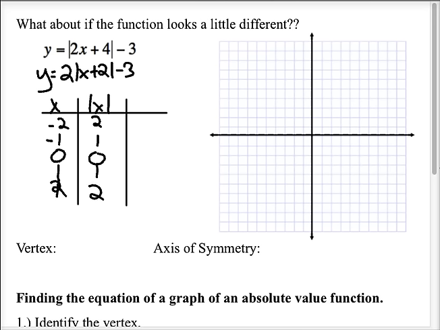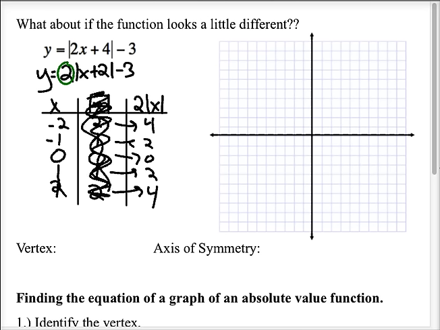You set up your table. I see that I have a stretch of 2, so I'm going to have a third column in my table where I take that into account. So I'm going to take all these values and multiply them by 2. Now I don't even need that column anymore.